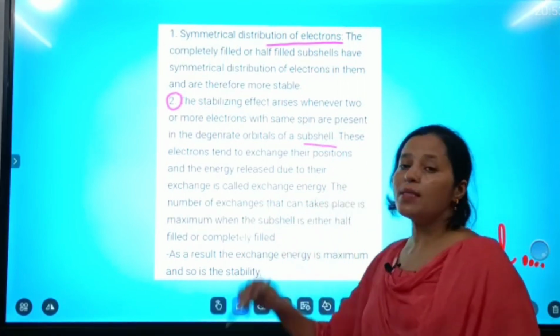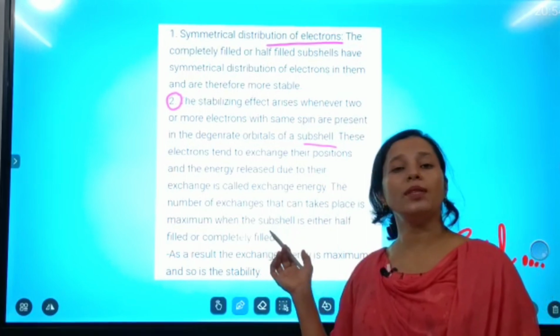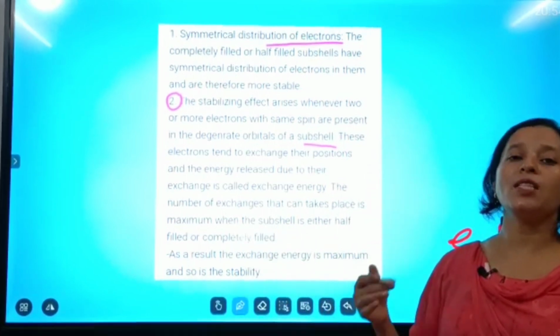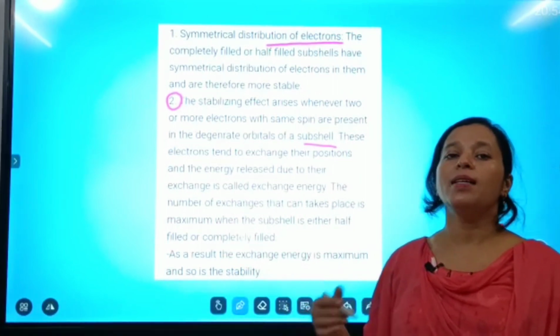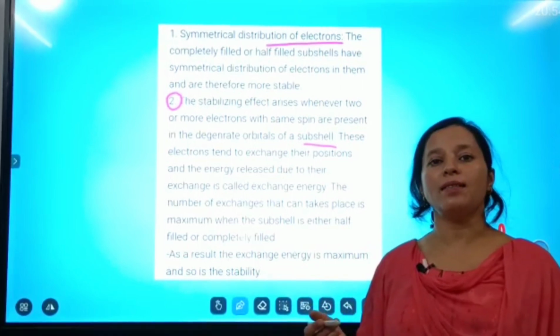So these electrons tend to change their positions. As I told you in the figure also, the greater the number of chances for change of positions of the electrons, the greater will be the exchange energy and the greater will be the stabilization.